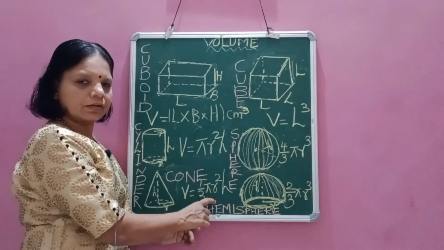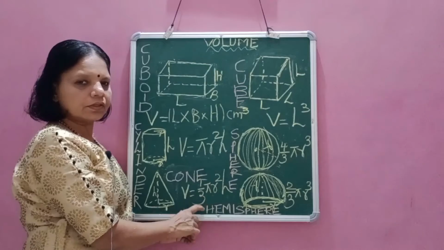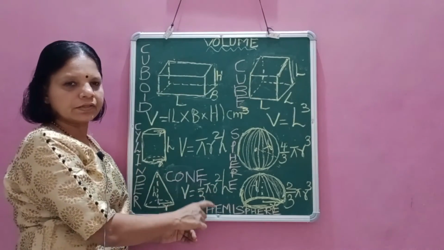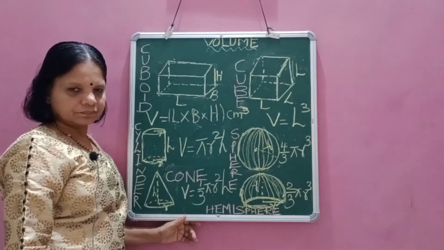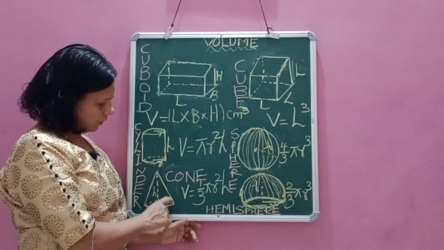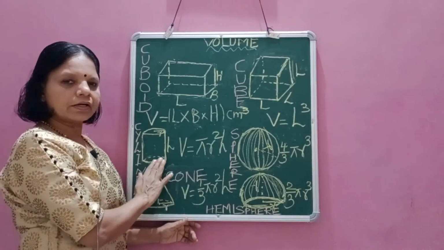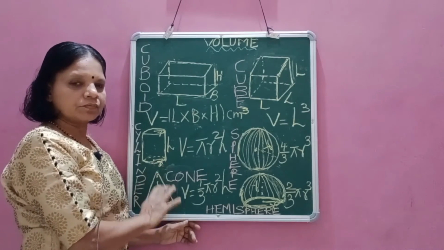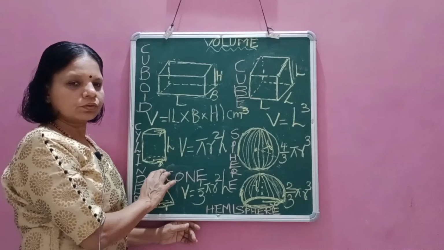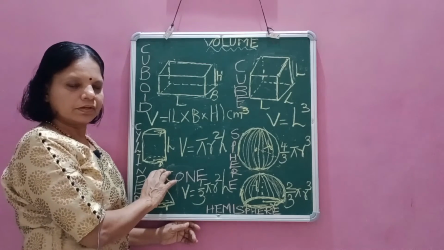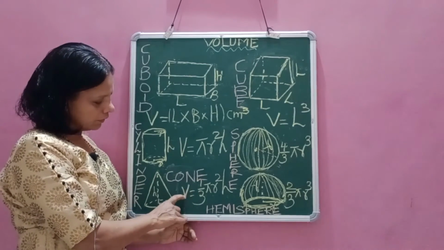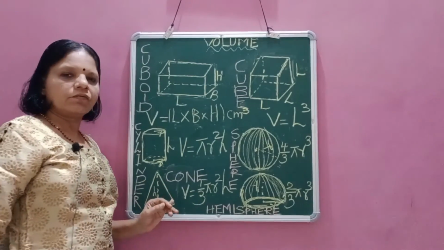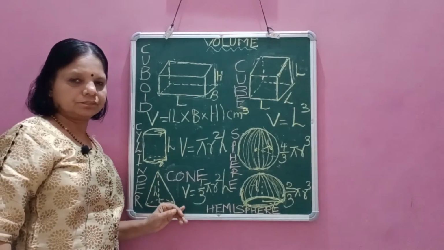It is 1/3 the volume of the cylinder having the same height and radius, since here the area of the circle goes on decreasing from bottom to top. Clear? So what is the formula? 1/3 pi r square h. So this is the volume of the cone.